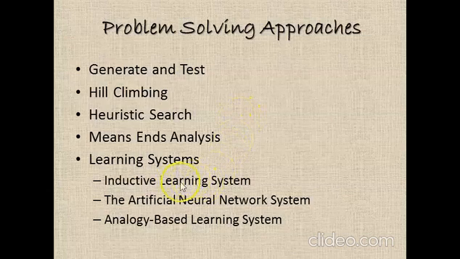It has got three parts: the inductive learning system, then the artificial neural network system, and the analogy based learning system. In the inductive learning system, the learner, probably a machine, deduces generalizations from examples. That is called inductive learning.